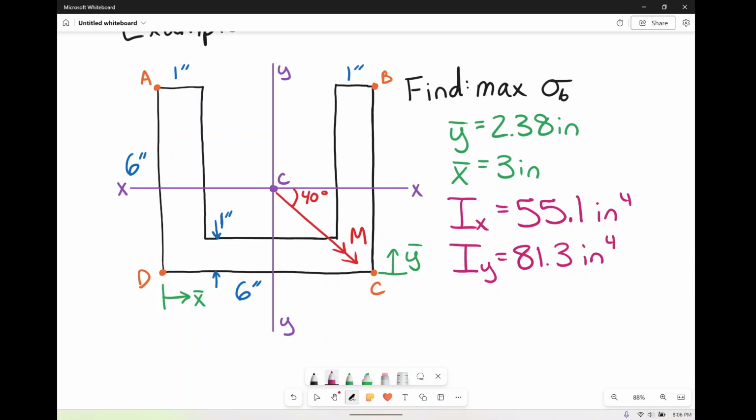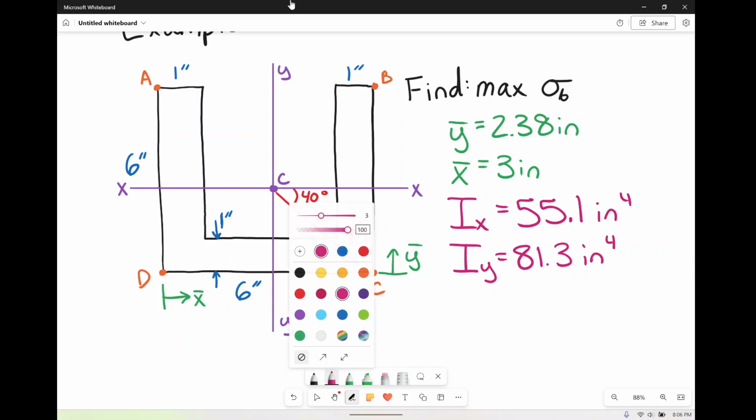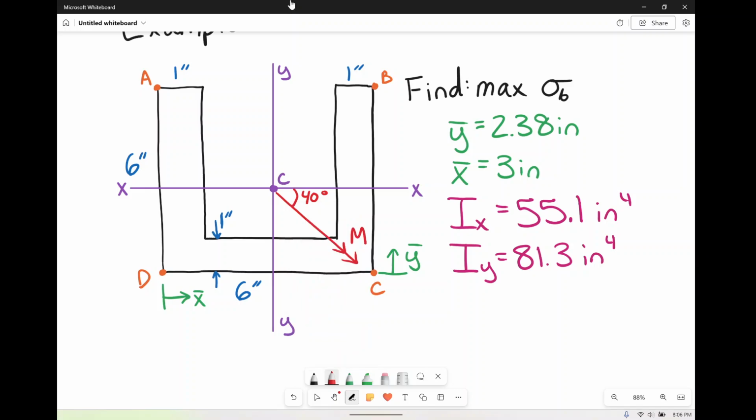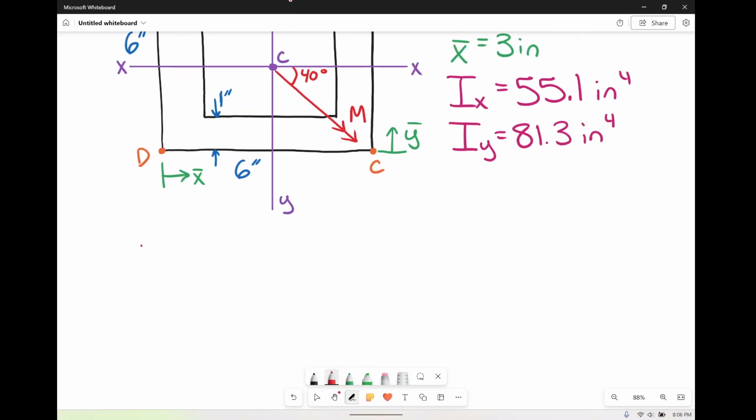Step number 1, obviously usually to calculate IX and IY. Step number 2, though, we do need to break our moment into its two different directions, and that's going to be moment in the X and moment in the Y. So we do, just to kind of draw this out, have a moment going this way. Again, when you see the double arrows like this, it does mean that that's a rotation, not a force, right?